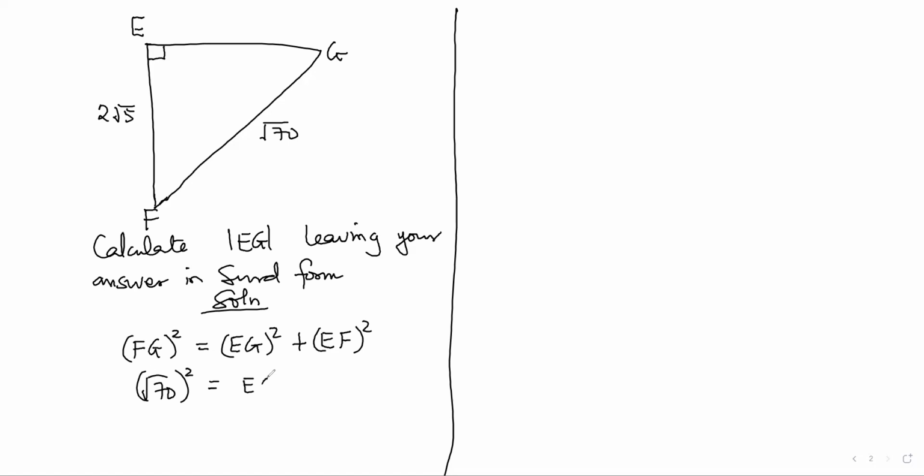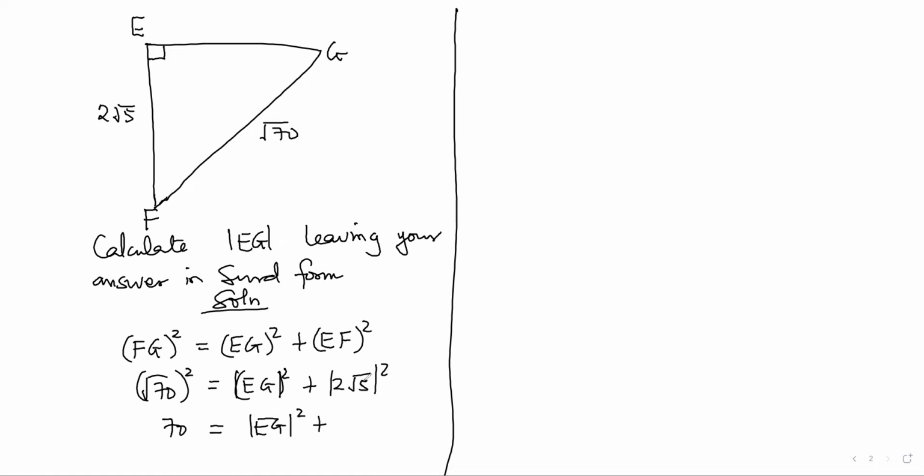EG is what we are looking for. Then EF is 2 root 5 squared. Okay. So this will cancel this. You have 70. This will give you EG squared.